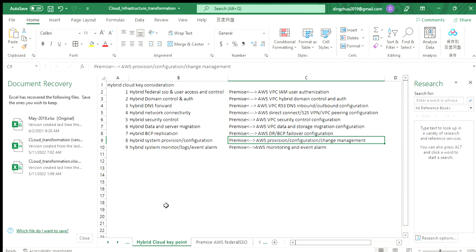We can have Direct Connect, which is the preferred way to connect premises and cloud. Obviously, with Direct Connect we are going to use the Direct Connect gateway and transit gateways.